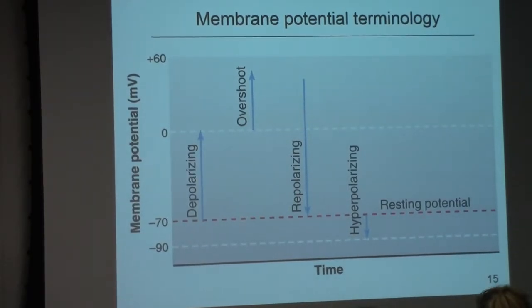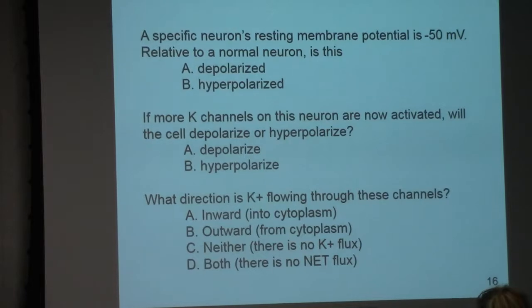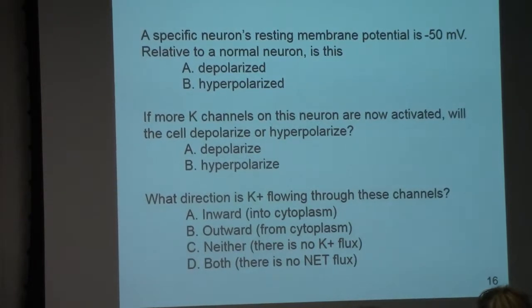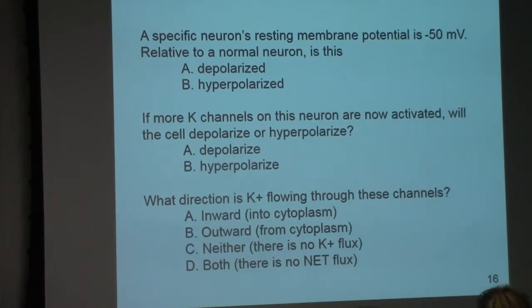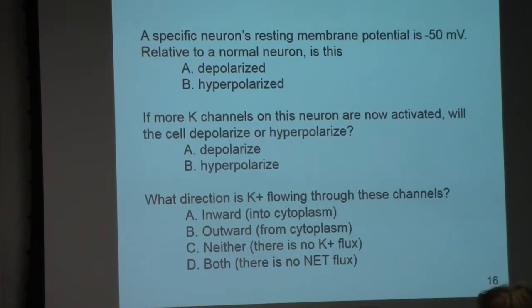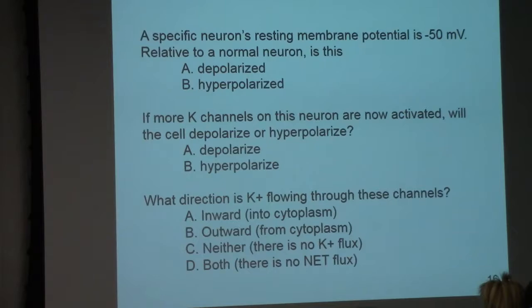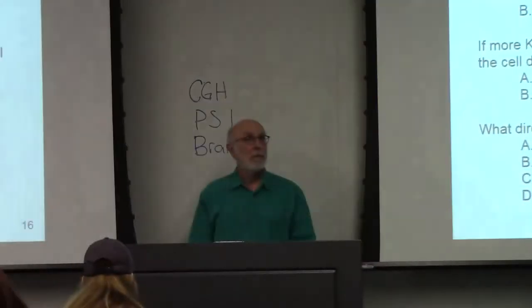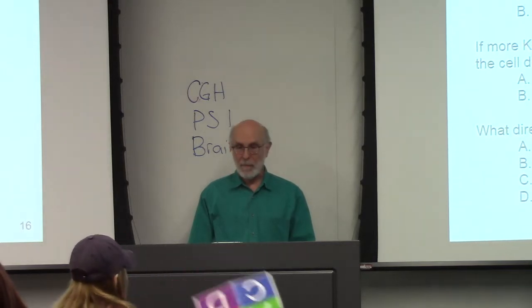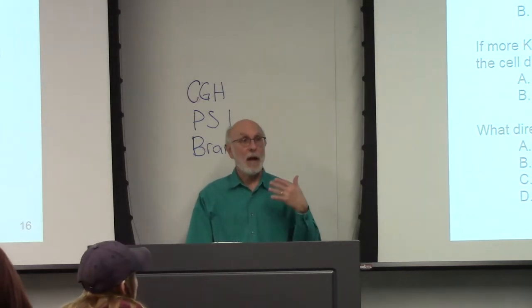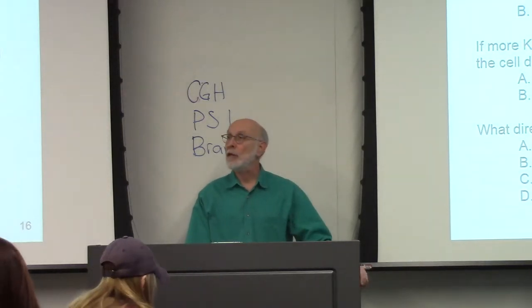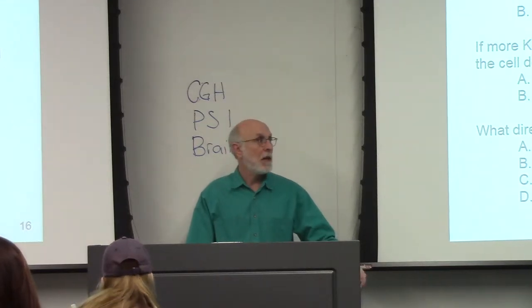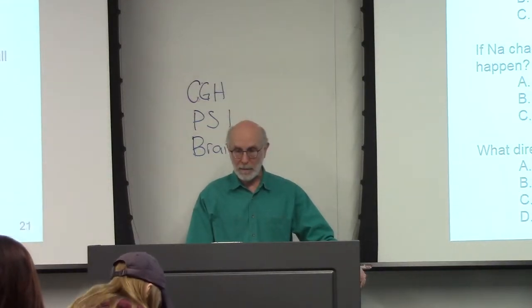This is from your textbook. And a whole bunch of clickers. Let's skip the clickers. You can do them as homework. We're running out of time, so I'm going to flash through the clickers. I recommend that you use the clickers to reinforce the knowledge that we've gone through in class.